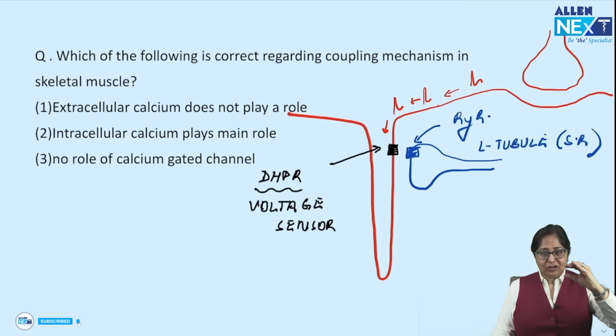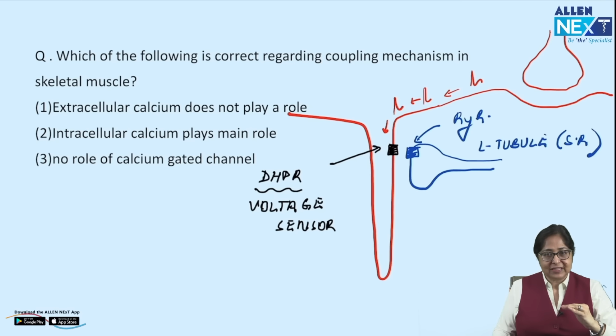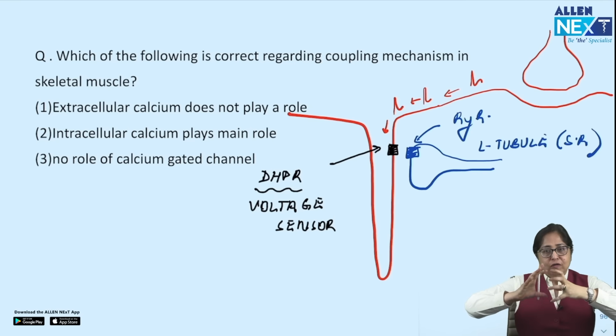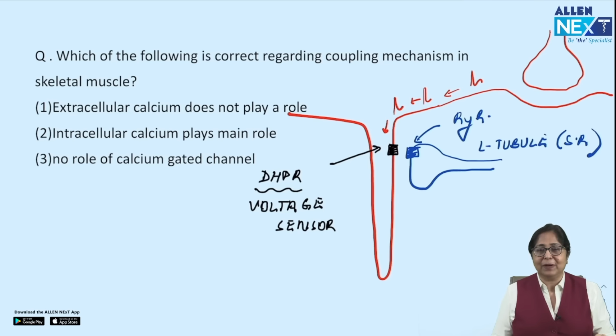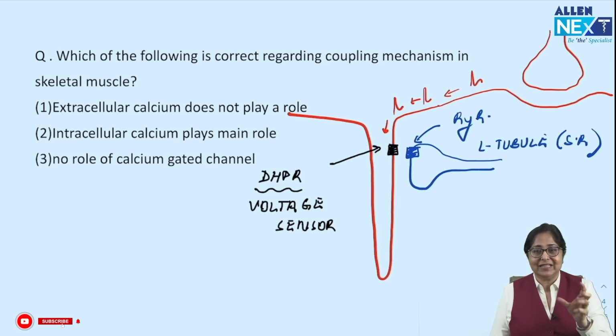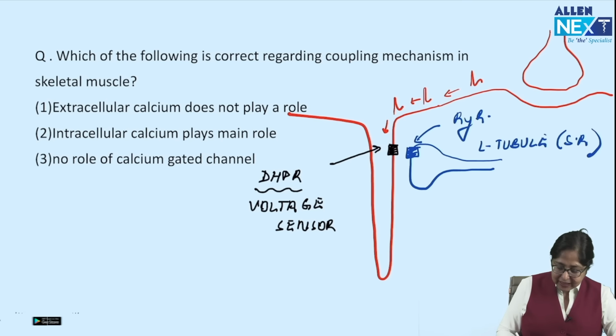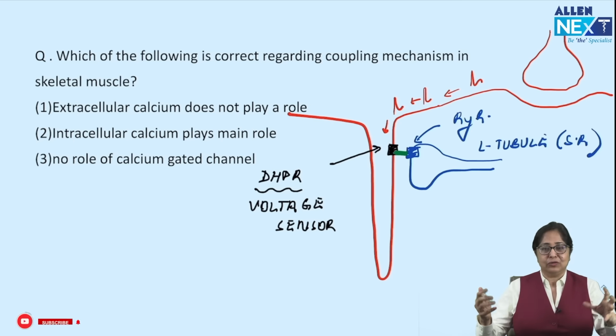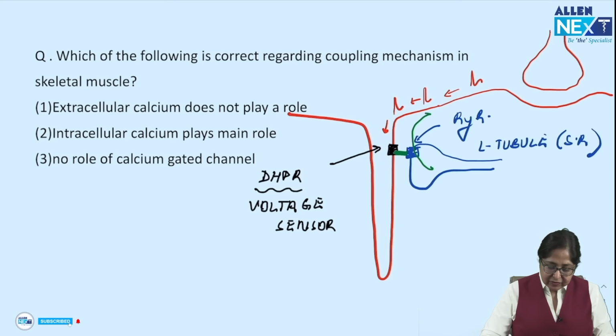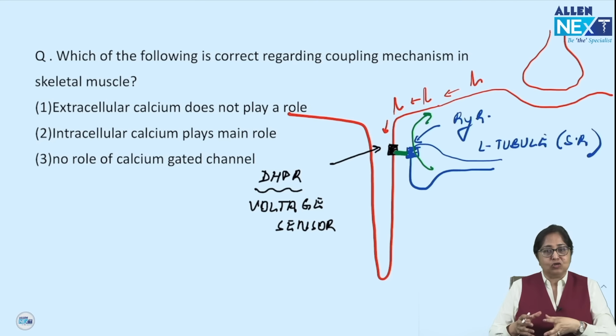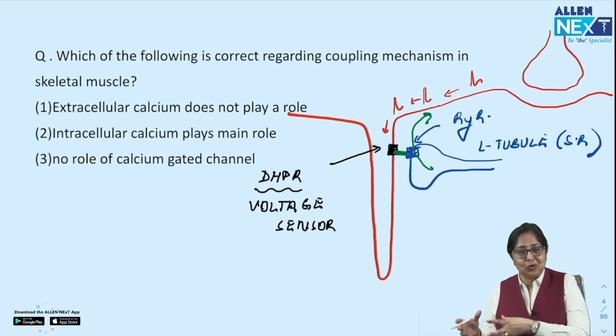So as soon as the action potential reaches the dihydropyridine receptor, there is going to be a conformational change of the dihydropyridine receptor. It is a voltage sensor. There is a mechanical coupling between the dihydropyridine receptor and the ryanodine receptor, which causes the ryanodine receptor to open, and there is release of calcium from the sarcoplasmic reticulum into the sarcoplasm.